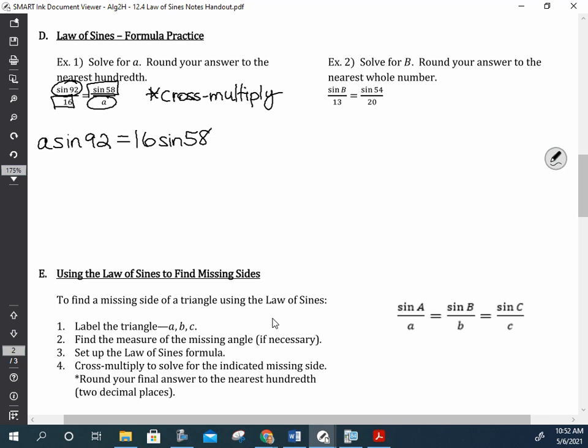So, once you cross multiply, the sine of 92 is nothing but a number. Since it is nothing but a number, you have a number times a variable. You want to get rid of the number, so you divide it out.